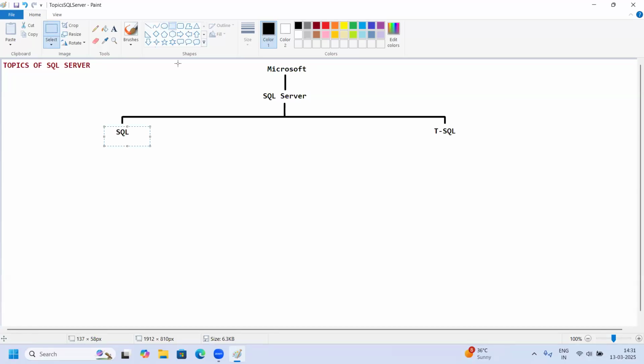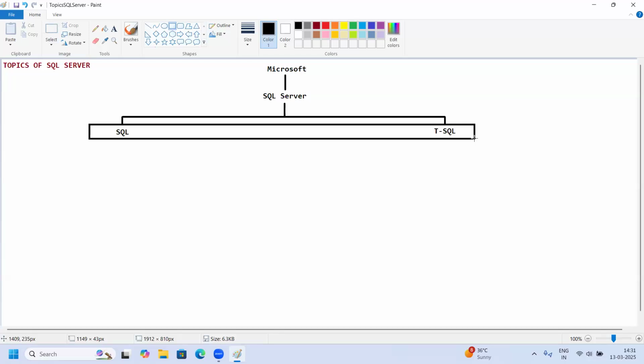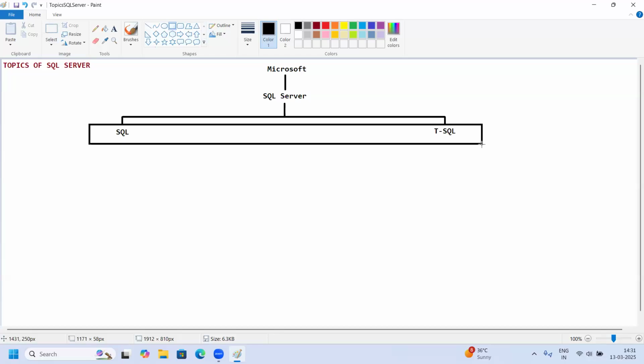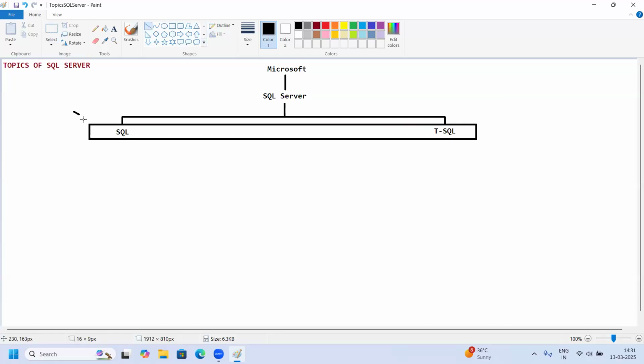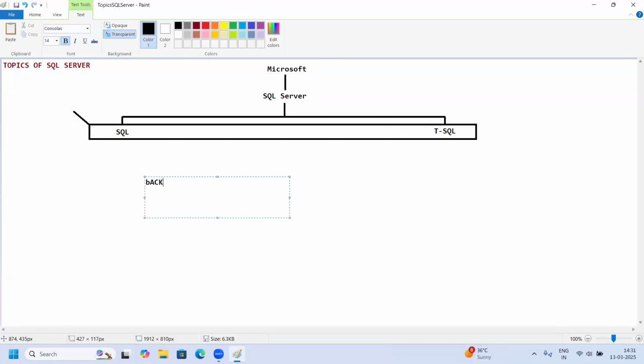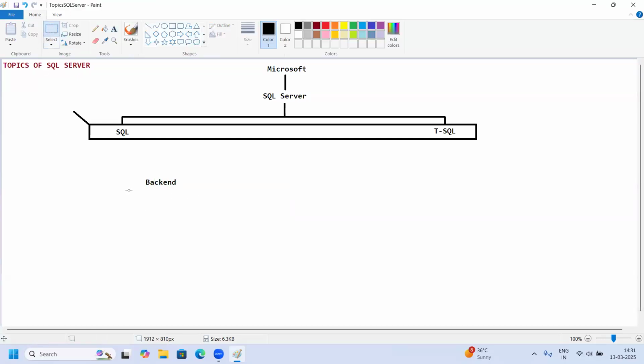These two together, they come under a category of backend. They both come under the category of what? Backend. SQL and T-SQL, they both are categorized as backend.